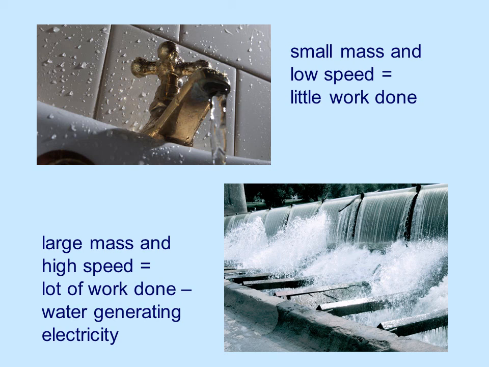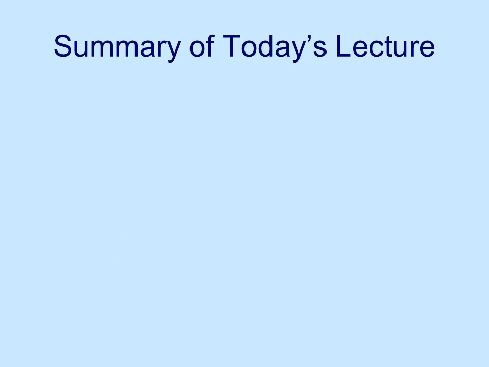This photograph of a hydroelectric plant shows water generating electricity. A lot of water flows through, and it flows through fairly fast, so we can make the turbines turn and create electricity from the flowing water.